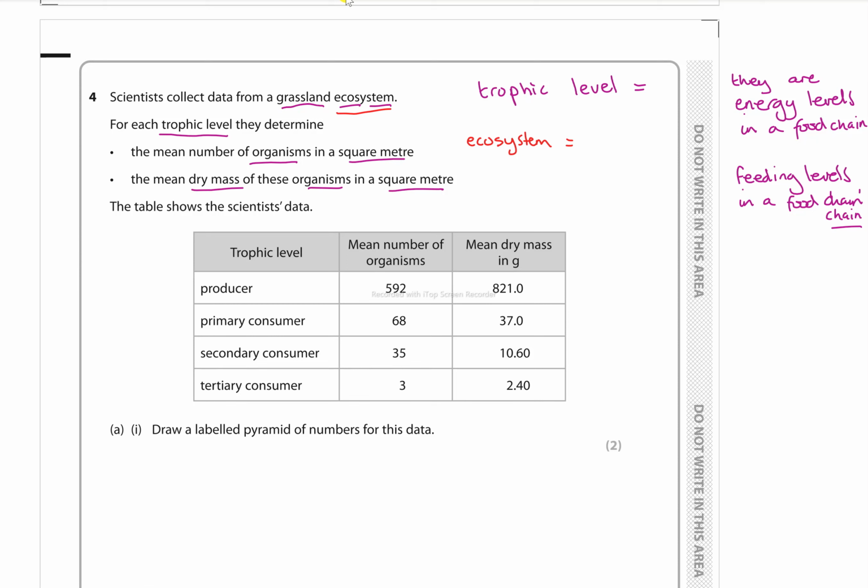Ecosystem: you can say it is the community of organisms, living things, interacting with its physical environment.